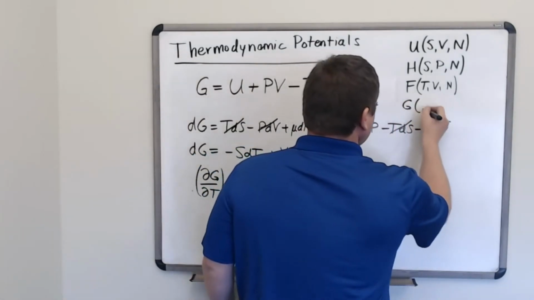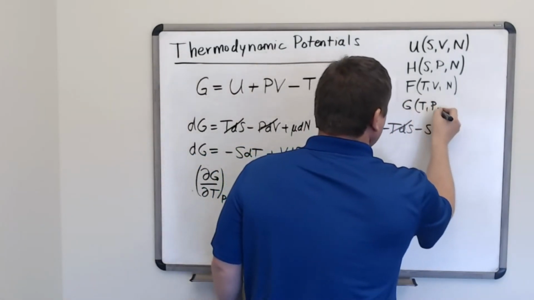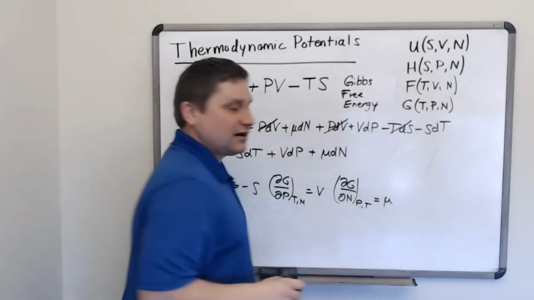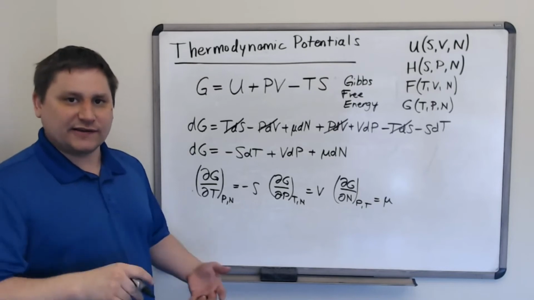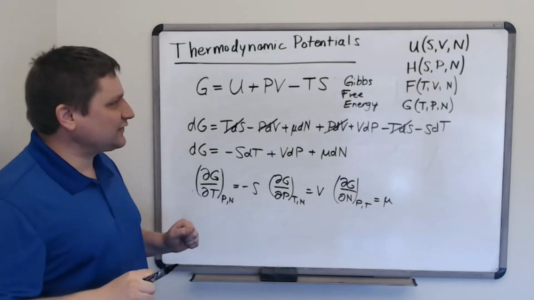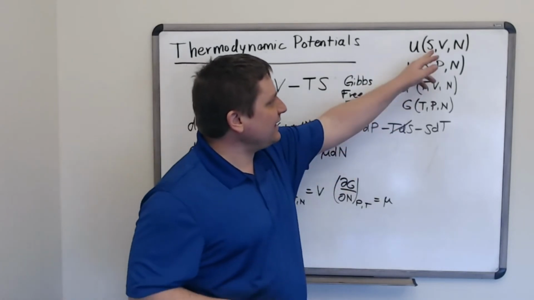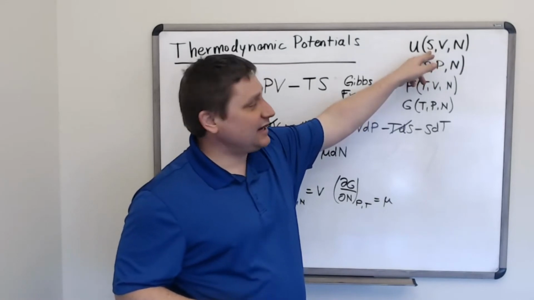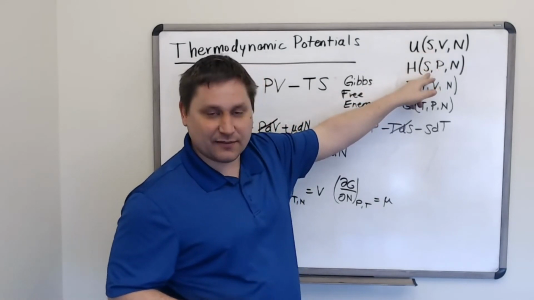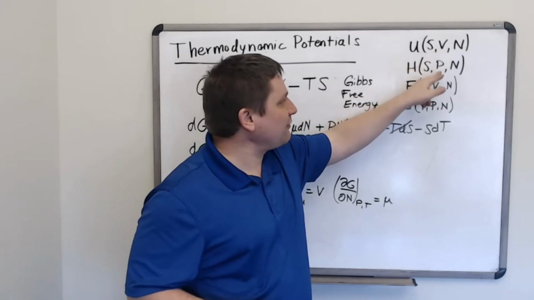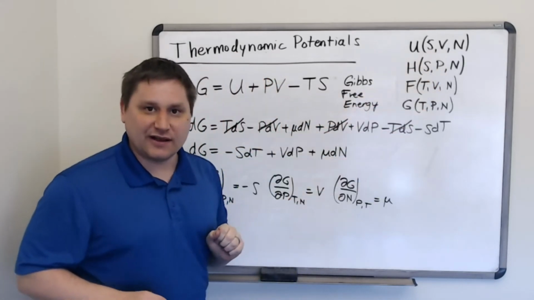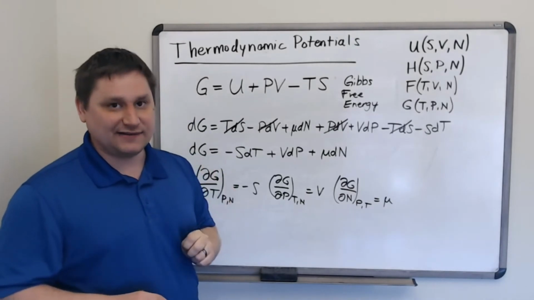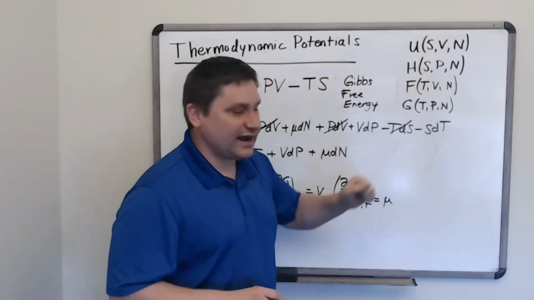So clearly, the preferred variables in which to express the Gibbs free energy are temperature, pressure, and particle number. Notice that each time we made one of these transformations, we eliminated an extensive variable in favor of an intensive variable, going from volume to pressure, going from entropy to temperature. The Gibbs free energy is expressed in terms of two intensive variables and one extensive variable.